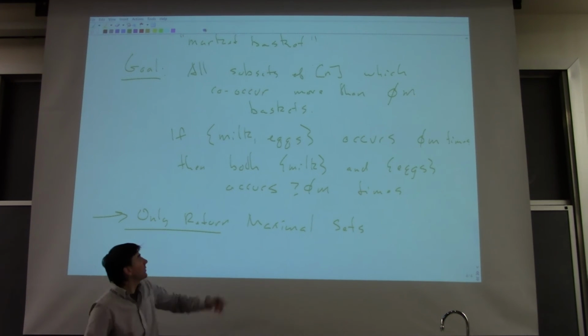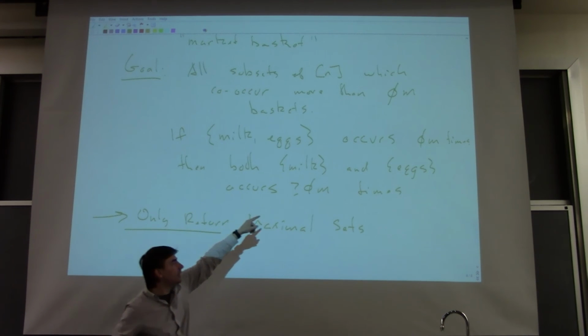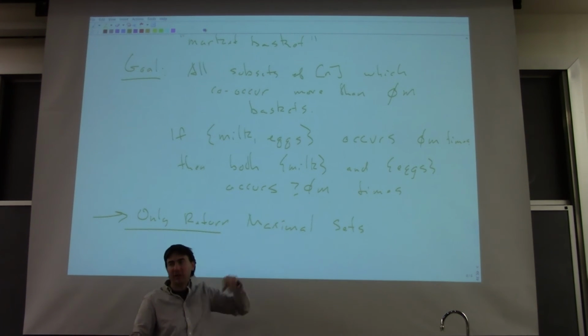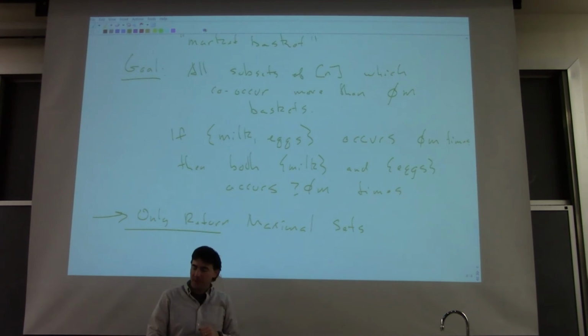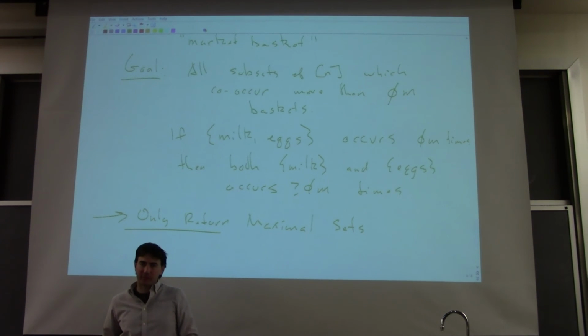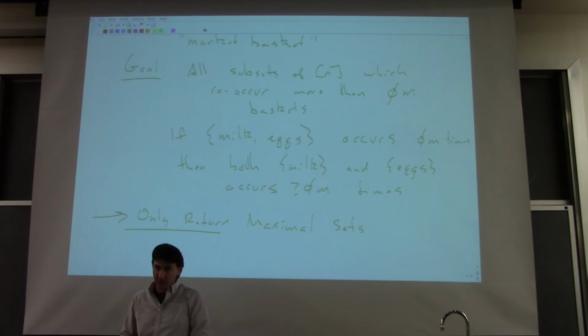So if eggs and milk both occur in more than phi m of the sets, then I don't need to return just eggs or just milk. So I only return the maximal sets. I still don't necessarily have a bound on the number of these, but it turns out in practice it's always much, much smaller.